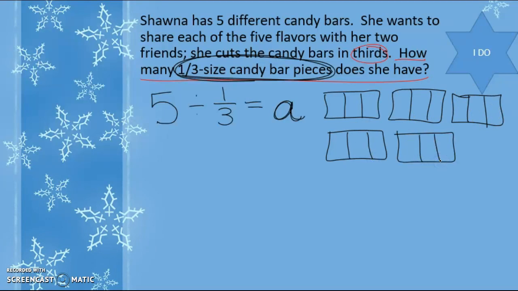How many thirds will we have? 1, 2, 3, 4, 5, 6, 7, 8, 9, 10, 11, 12, 13, 14, 15. So 5 divided into thirds means I will have 15 thirds.